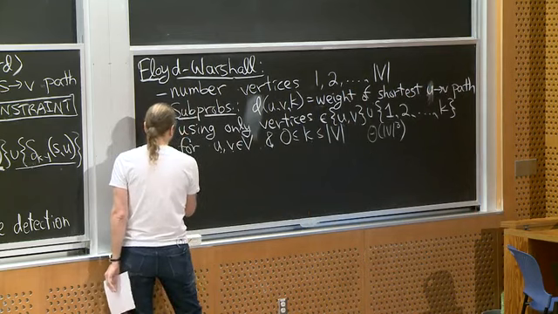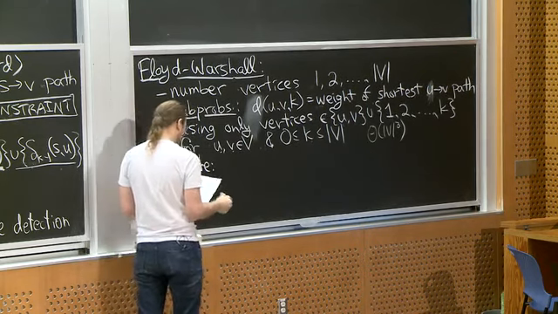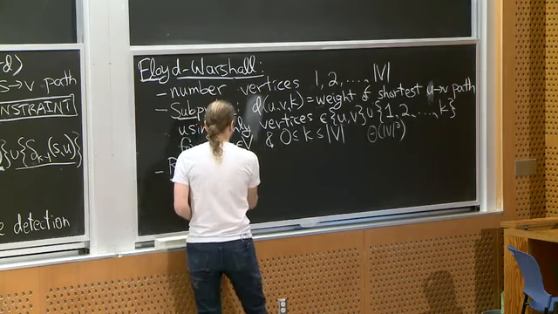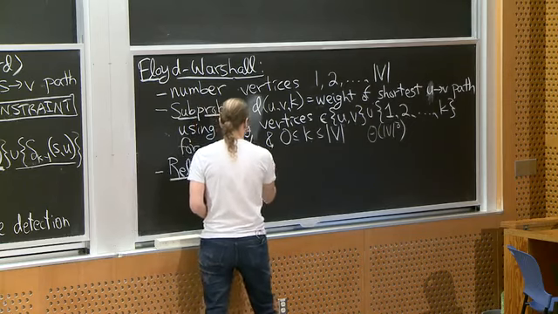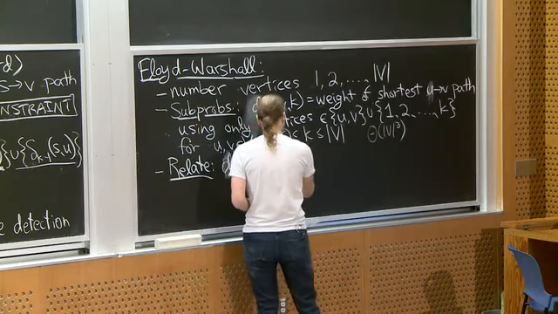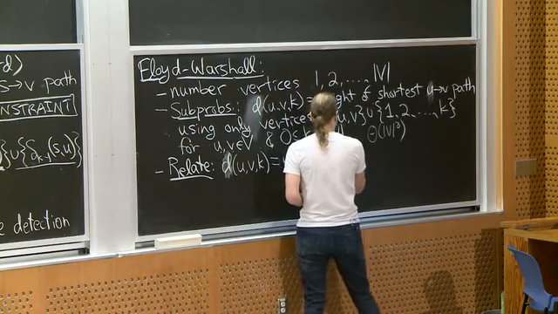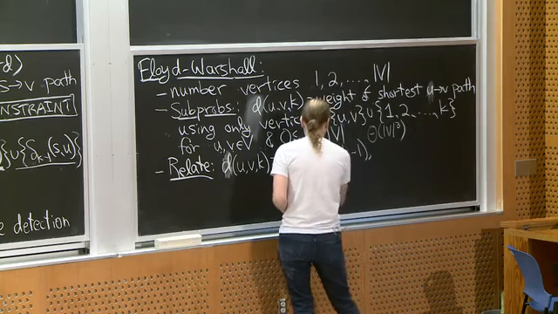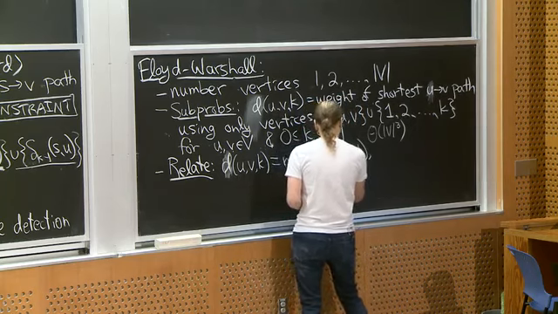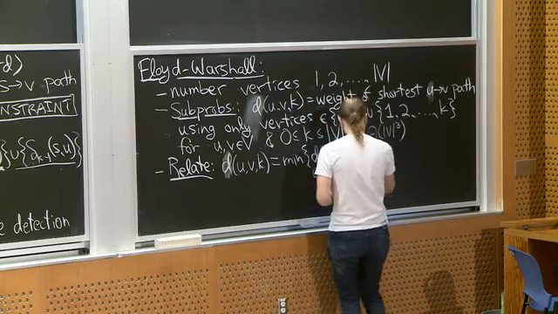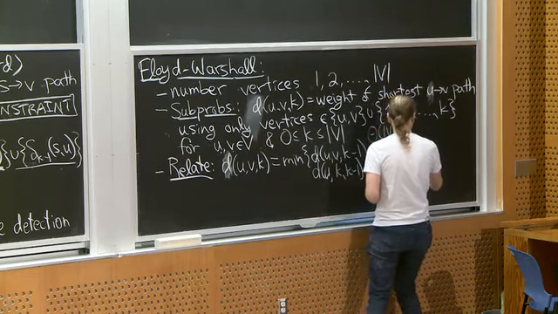But the key thing is, that sounds like a lot, but the relation becomes cheaper now, because I can just write d of uvk is the min of 2 things, d of uvk minus 1 and d of ukk minus 1 plus d of kvk minus 1.